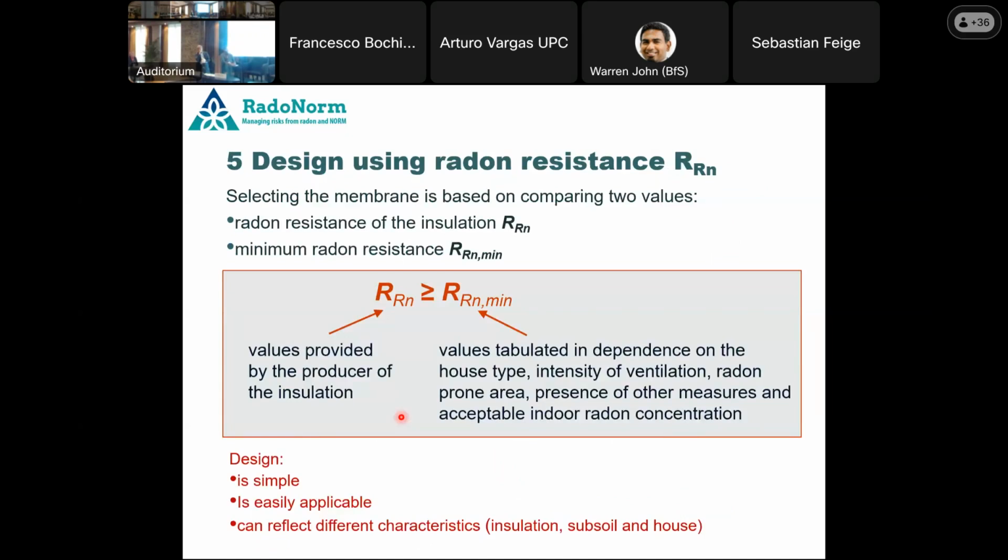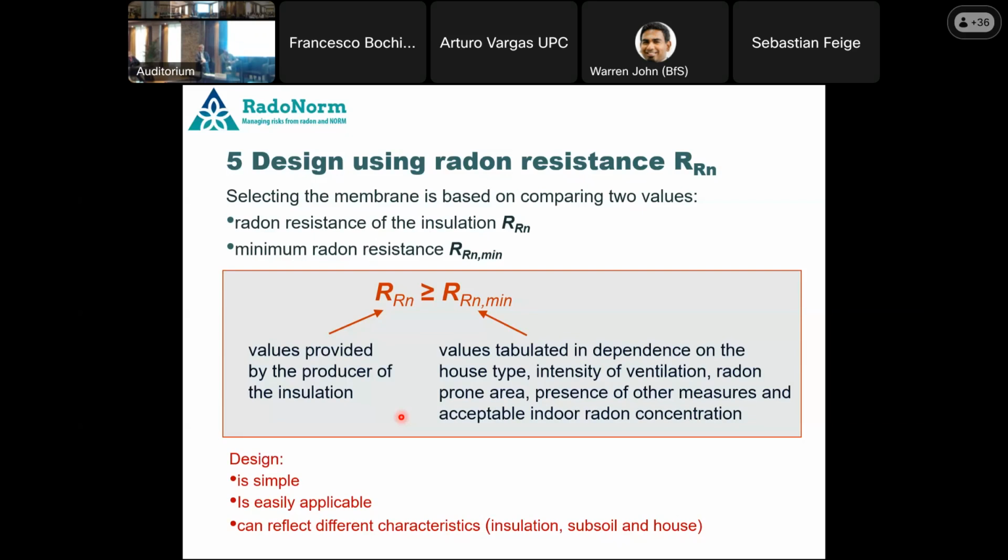And in our workshop that we organized 1 month ago, when we had the representatives of several labs which measure the radon diffusion coefficient, we agreed that the most efficient way to express or prescribe requirements for radon barrier membranes is to use the radon resistance.